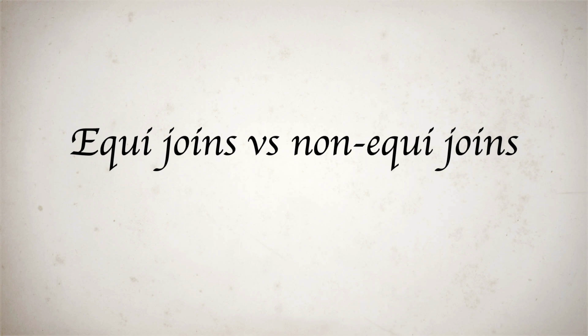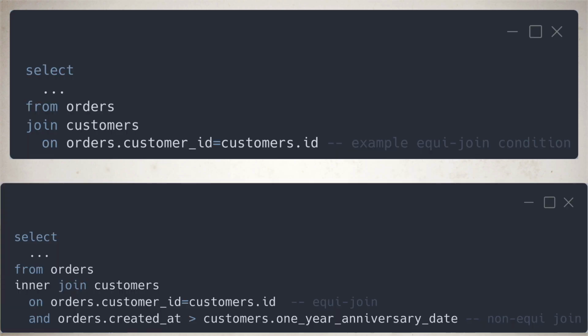So, equijoins: equality, joining two tables on columns that are equal to each other. Non-equi: not equal, joining two tables on columns that are not equal to each other, in which case it could be a greater than, a less than, or not equal to. In the SQL code above, that is an equijoin. You can see the equal sign there on the ON clause.